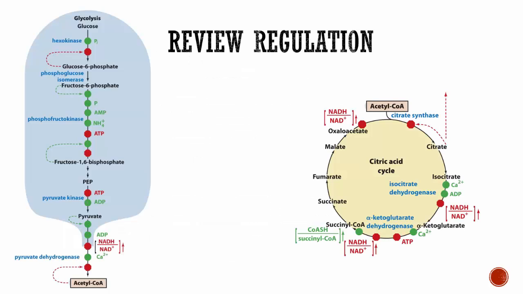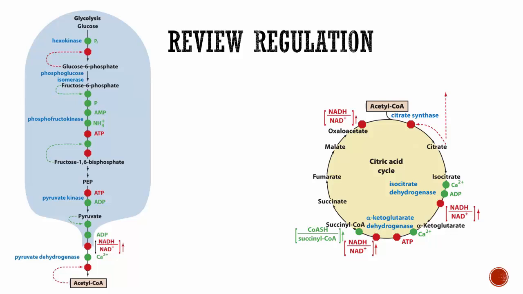Now might be a good time to take a step back and review how glucose metabolism is regulated in glycolysis and the citric acid cycle. In glycolysis, we can inhibit hexokinase, phosphofructokinase, and pyruvate kinase. The step between glycolysis and the citric acid cycle that is governed by pyruvate dehydrogenase can also be regulated by inhibitors and/or activators.